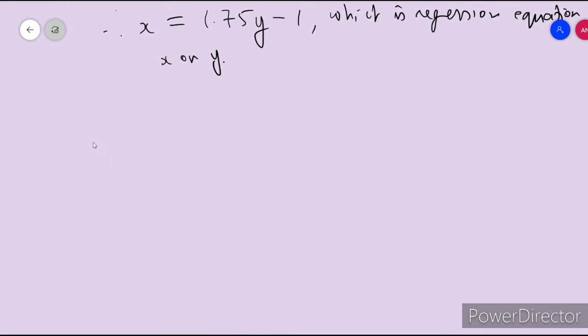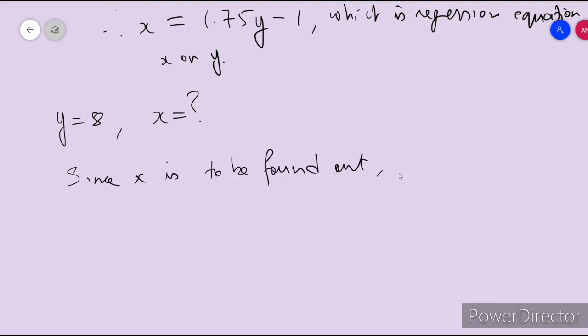So this tells us that y is the independent variable and x is the dependent variable. So y is equal to 8 and we have to find x. What is the value of x? Since x is to be found out, it must be on the left hand side, meaning it has to be the dependent variable.